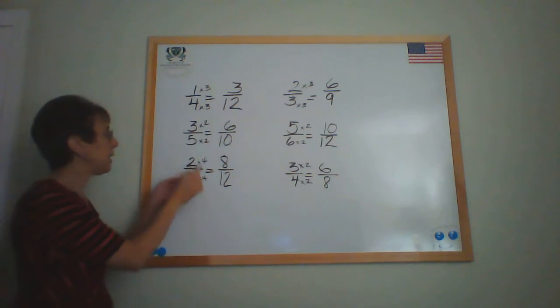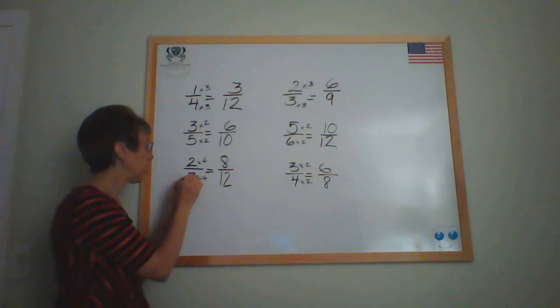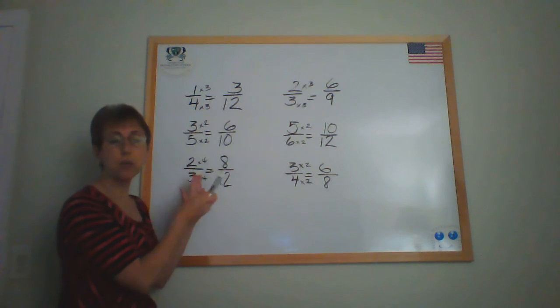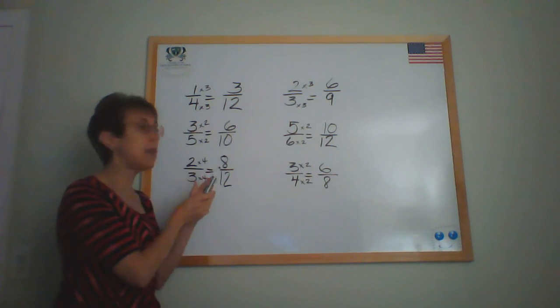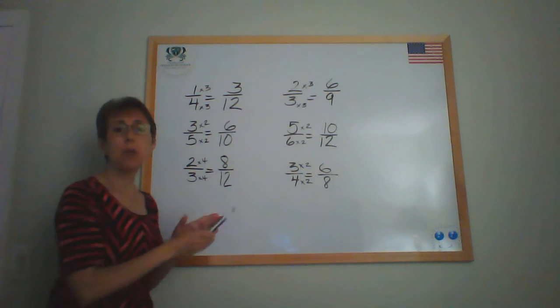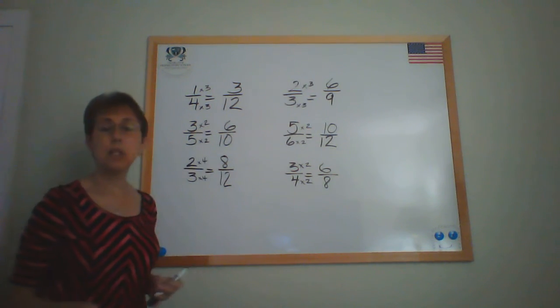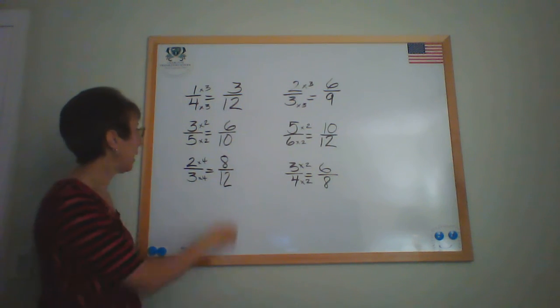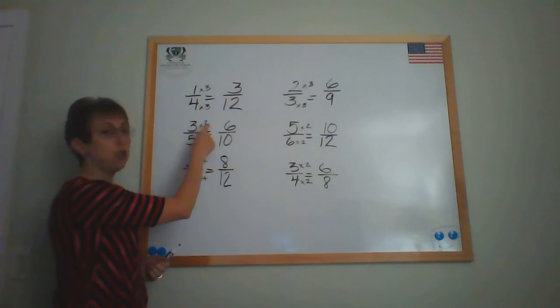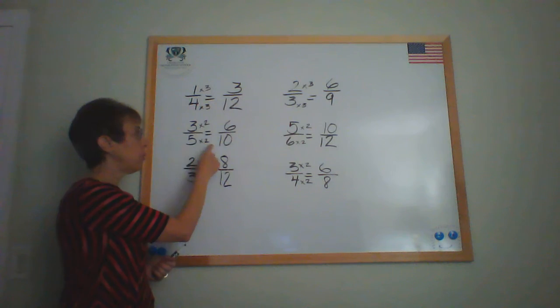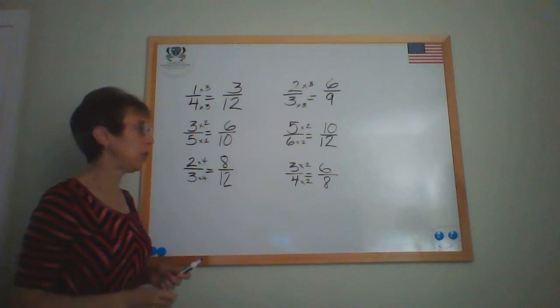Okay, now, is it necessary for you to write the little multiplying by whatever your number is or whatever the fraction name for 1 is? No, that's not necessary. It's what I did so that you can see what it is we are actually doing. And that each time, whatever you multiply the numerator by is what you must also multiply the denominator by.